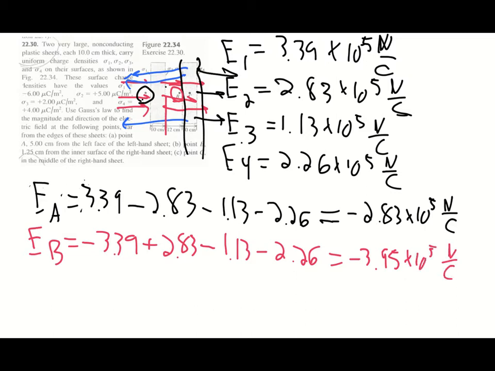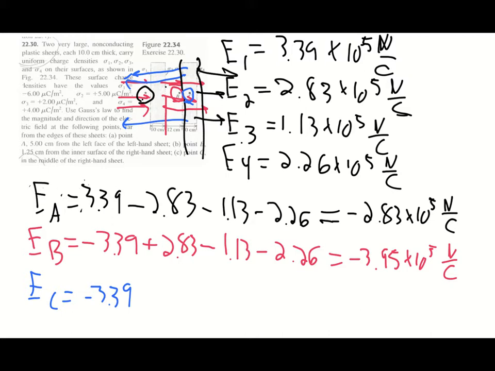Good. Our last point is point C. That's right in the middle of that box. Looking at this far left edge, the lines are heading toward that edge, which at point C are to the left, so it's going to be negative 3.39.